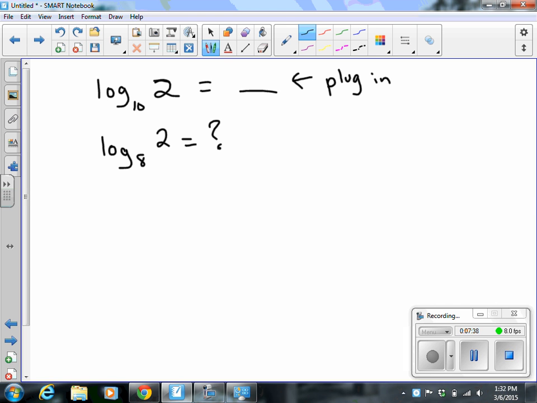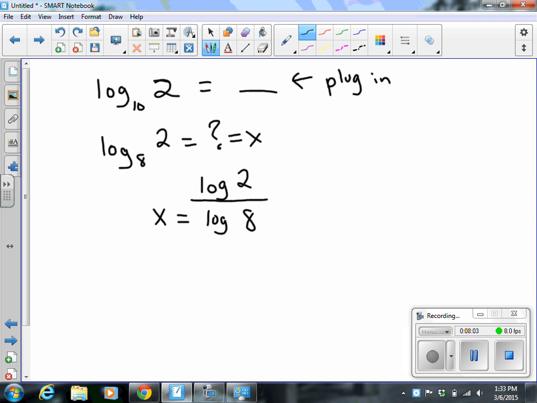Well, if my log is base 8, there is a special way that you can figure this out. Say this equals x. x really equals the log of the big number over the log of 8.